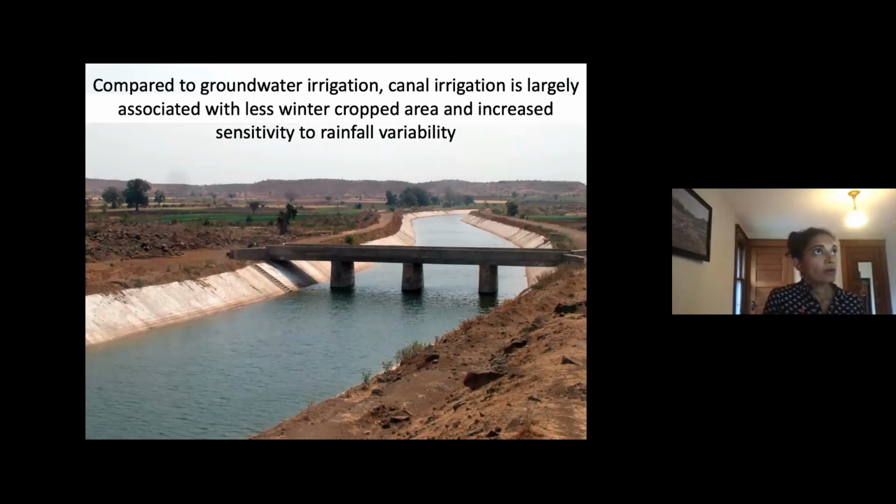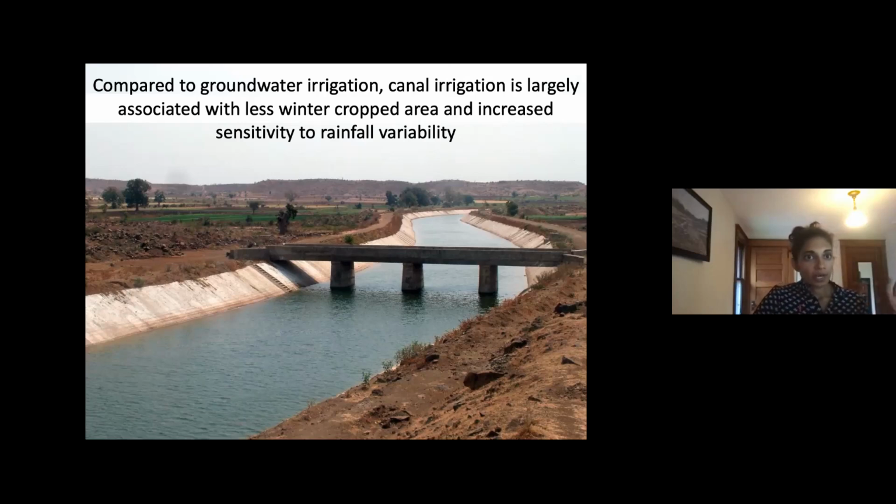And what we found was that canal irrigation is associated with less area under production, and also area that's much more sensitive to rainfall. So mirroring exactly what the farmers told us in the field, canals are fine in the years where you have a lot of rainfall and canals are full and recharged, but in dry years, they're really not helpful, and you see really large losses in production.